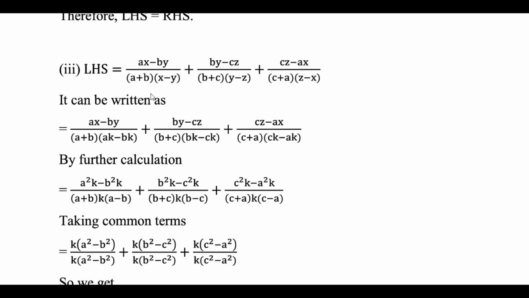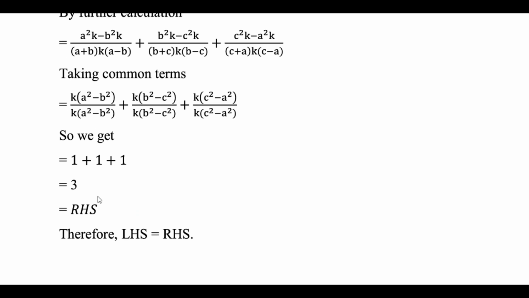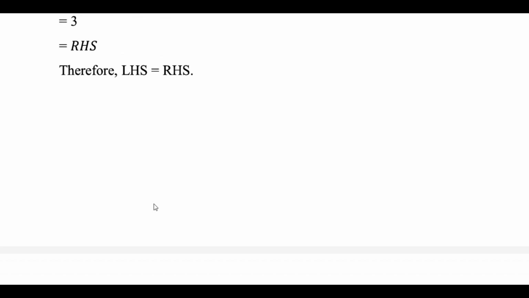In the similar way, put ak in place of x, bk in place of y, ck in place of z, just like this. After a little bit of calculation or simplification, whatever it may be, 1 plus 1 plus 1, the left hand side will be equal to 3, equal to the right hand side, just like this.